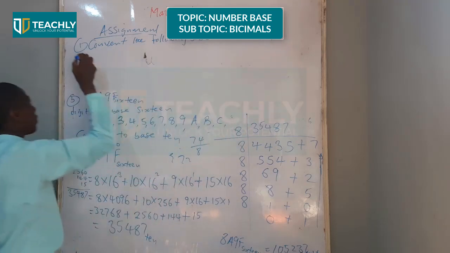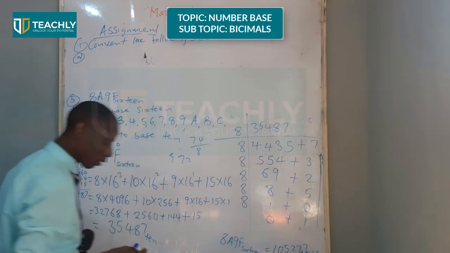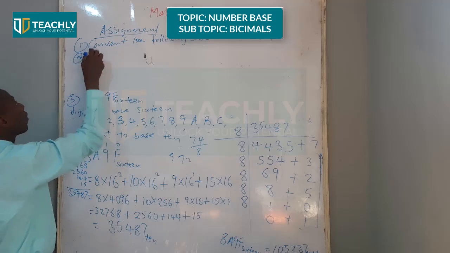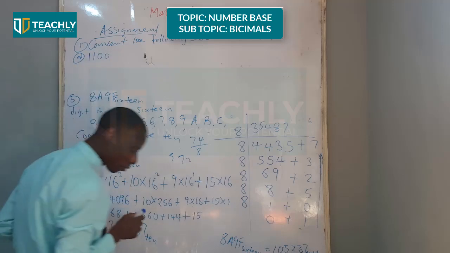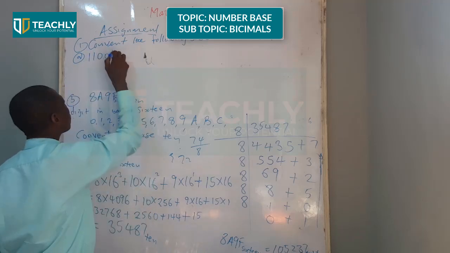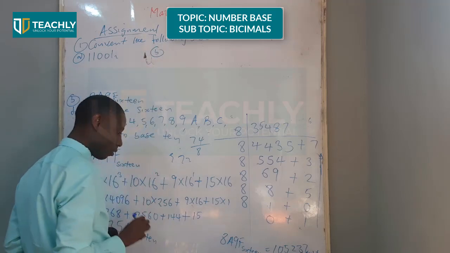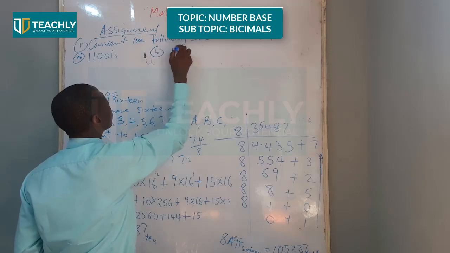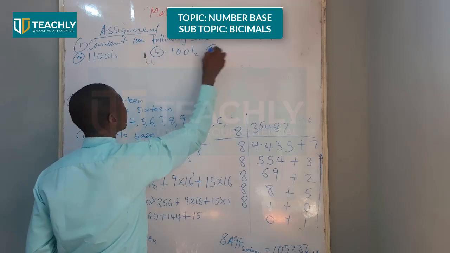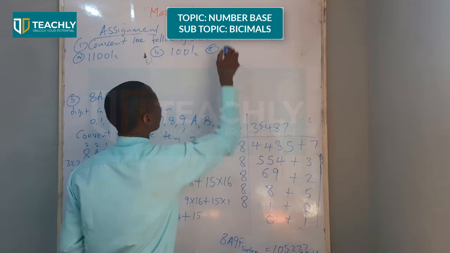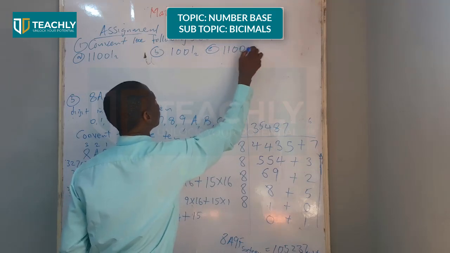So we have what they are in base 2. You have to convert them to base 10. The first one is 11001 base 2. B, you have 1001 base 2, and finally C, you have 1100 base 2.